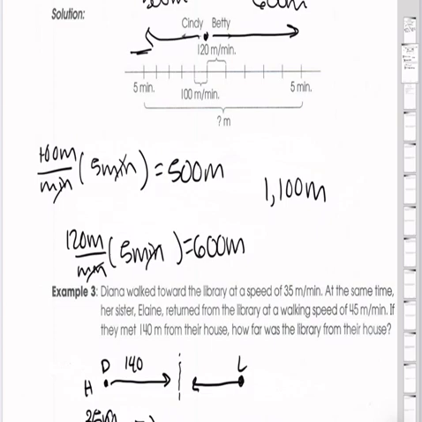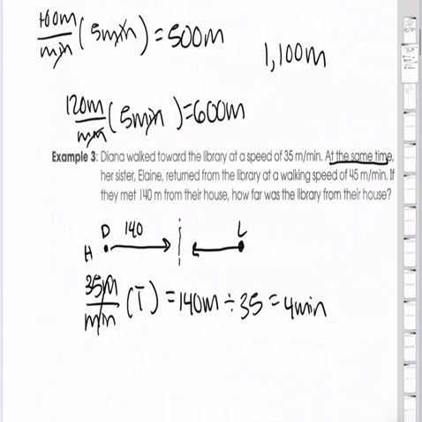So we know Diane was walking for 4 minutes. But here's the thing, that means that Elaine was also walking for 4 minutes, because they started at the same time and they ended at the same time, because they met each other in the middle. So if they started and ended at the same time, they walked for the same time.